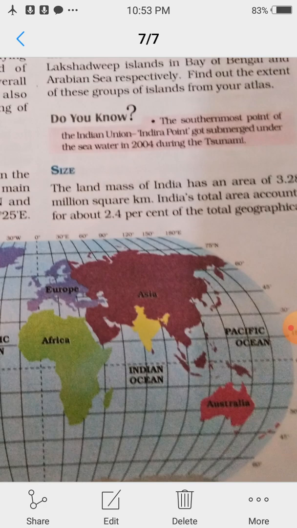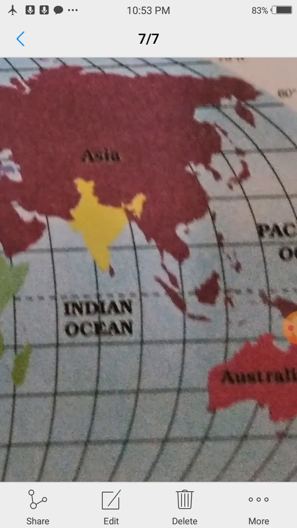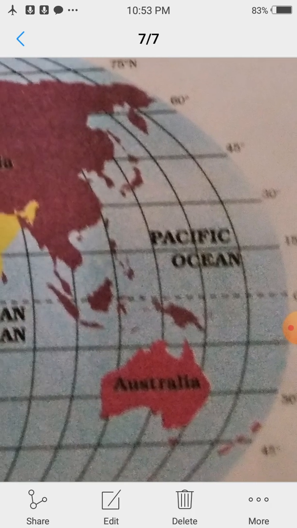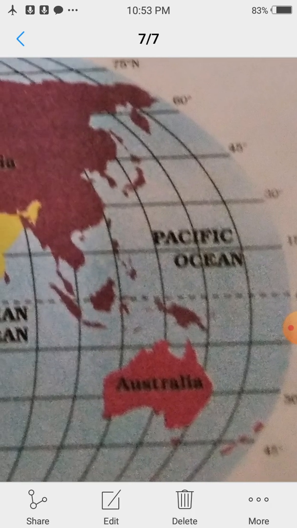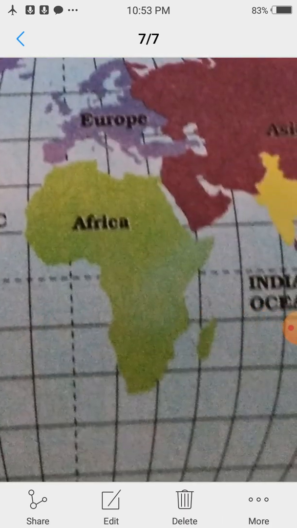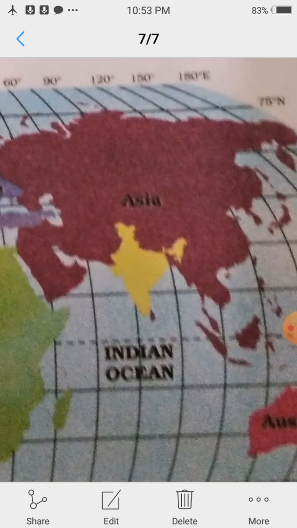Here is the Indian Ocean, and the Pacific Ocean lies here. These groups of islands belong to India: those in the Bay of Bengal are Andaman and Nicobar, and Lakshadweep is in the Arabian Sea.